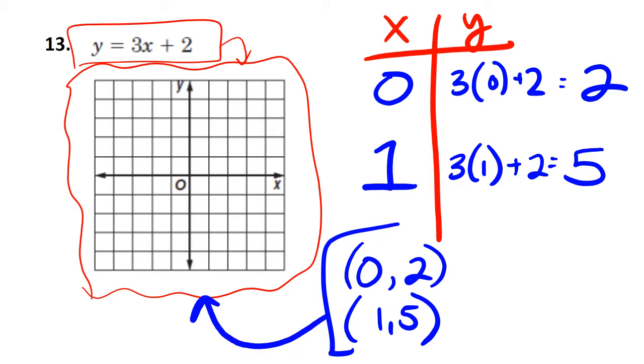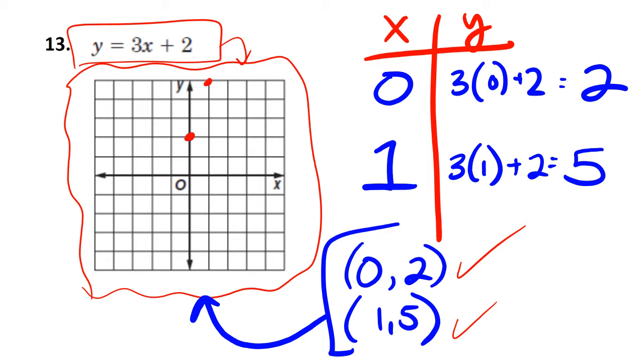So let's go ahead and graph 0, 2. I start in the middle. I don't go anywhere left or right, but I go up 2, and I put that point. I'm going to use red here so you can see a little better. So I graphed my first point. Now my second point is 1, 5. I start in the middle, go to the right 1, and go up 5 and put my point.